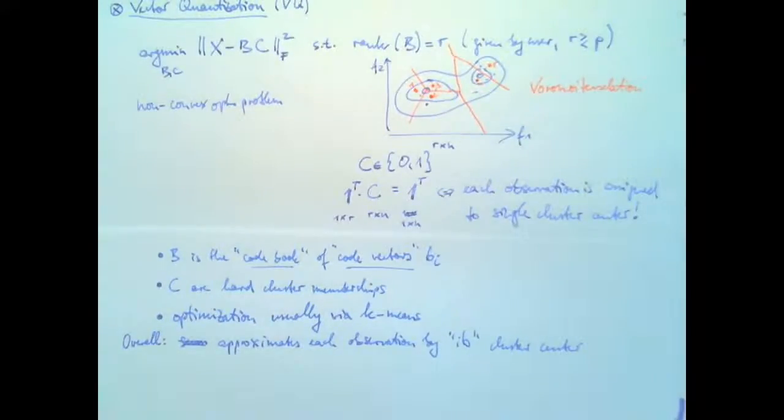Okay, I didn't say what soft or fuzzy clusters are. This is one example of a clustering algorithm where we have cluster centers and we assign observations to clusters. Hard here means that an observation belongs to exactly one cluster only. The opposite of this is so-called fuzzy clustering schemes, where an observation can be said to belong to two different clusters to some extent, or to more clusters to some extent at the same time.